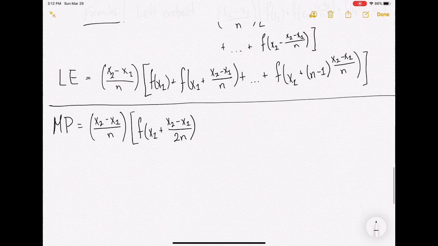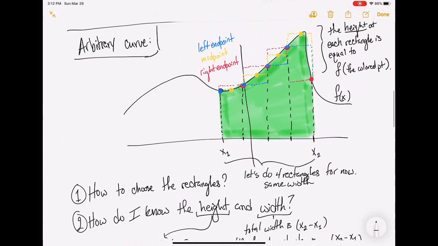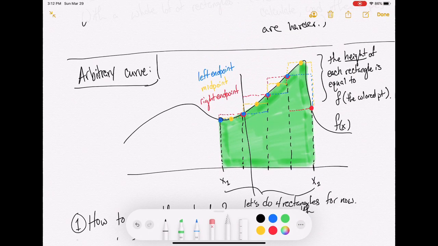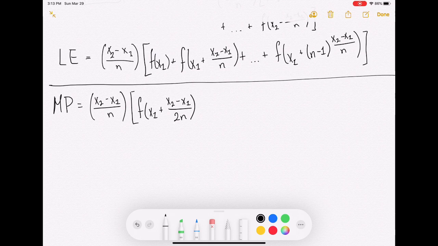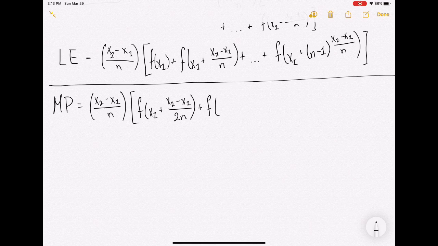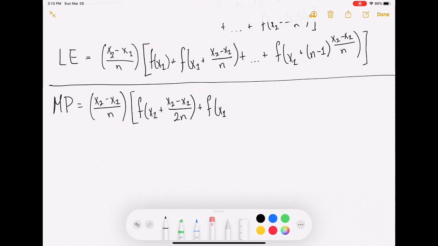If I scroll back up here, if I look at the first yellow dot, I've started at x1. x1 starts here, and I've moved by 1/2 of my width. So that's what's going on in the formula, we've shifted ourselves by 1/2 in width. And then everything else looks the same, and that's kind of nice. Make sure that you can read that.